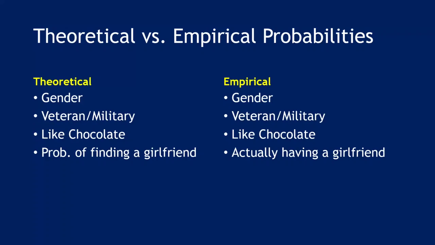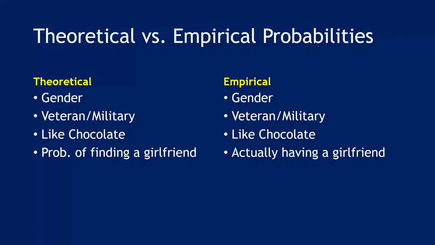And so the empirical statistics may look very different from the theoretical probability that is distributed in the entire population. Okay, and also what's the empirical probability of actually having a girlfriend, right?